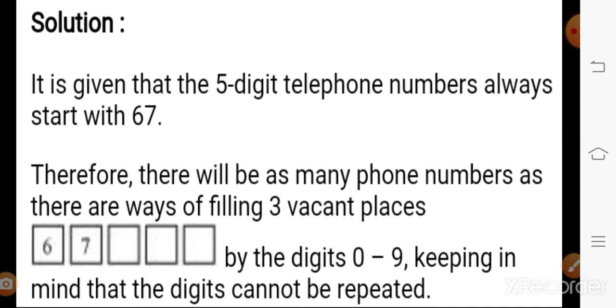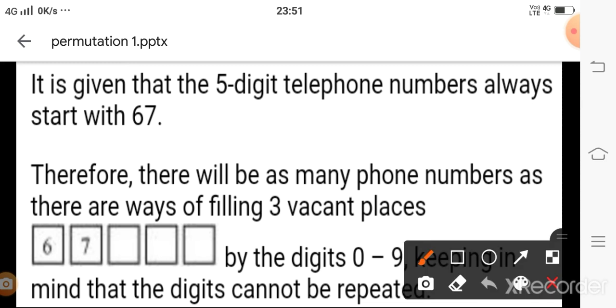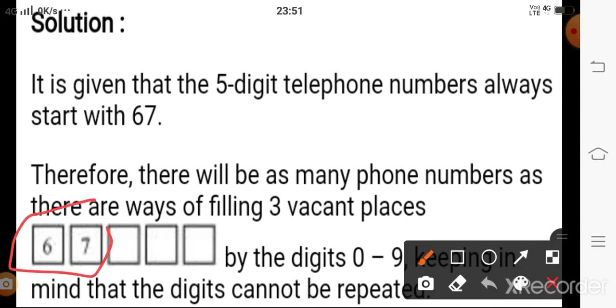Then if we have to form the 5-digit number and the first two digits are fixed, 6 7, then these three places we have to fill, the three vacant places we have, and out of the given numbers 0 to 9 we are able to fill.